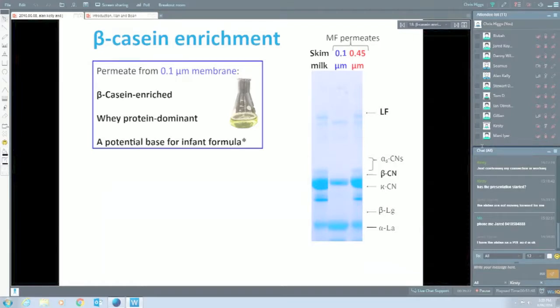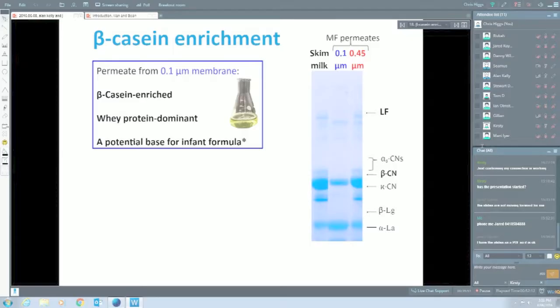It's whey protein dominant, with the main non-whey protein component being beta casein, and you can see that shown in the middle lane on the gel on the right hand side as well. So you can see a single band corresponding to beta casein in the middle of the gel, and then the two major whey proteins towards the bottom of the gel, beta-lac and alpha-lac.